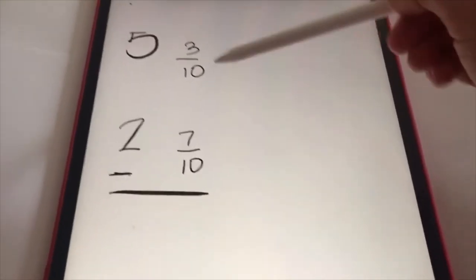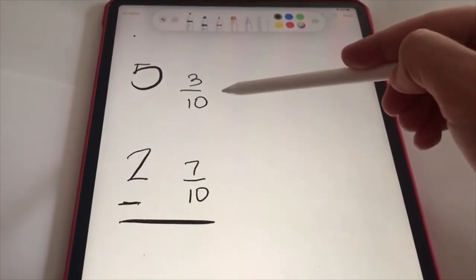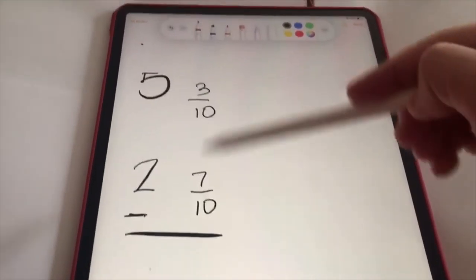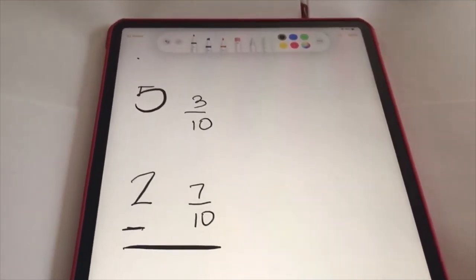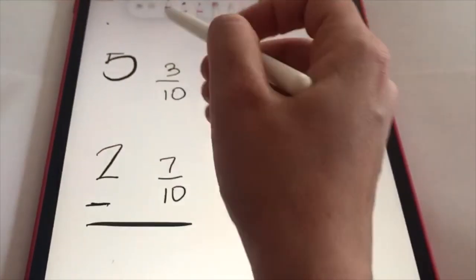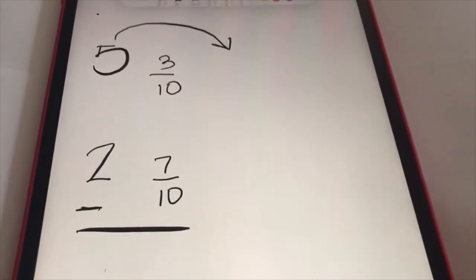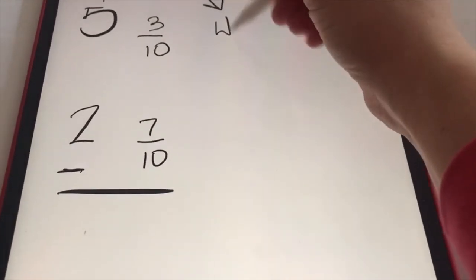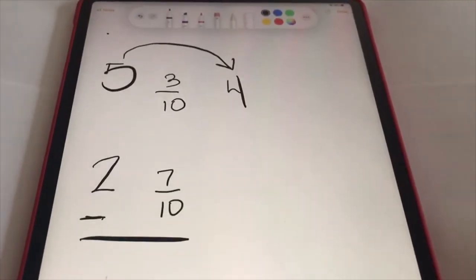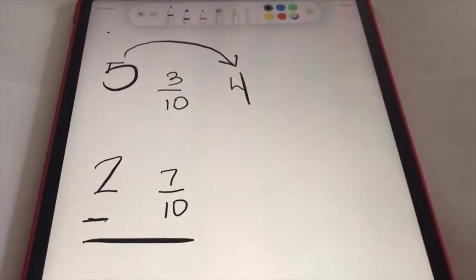So again, looking at our fractions here, I know 7/10 is greater than 3/10. So I cannot subtract 7/10 from 3/10. So I need to go over to my 5 and I need to borrow a whole. So if I borrow a whole, my 5 is going to become 4, okay? Remember, we always have to go down a whole, okay?